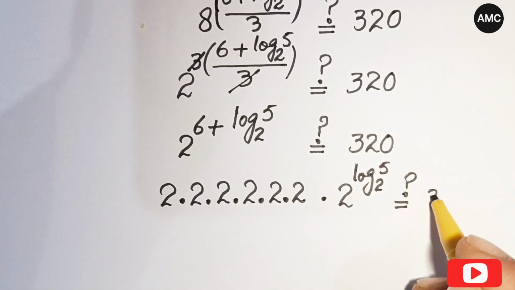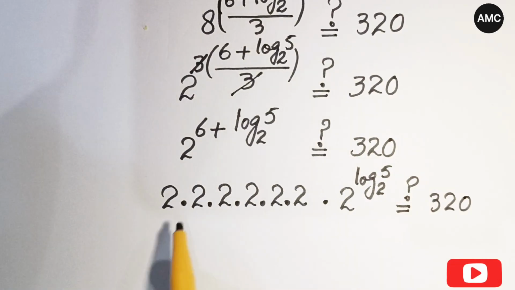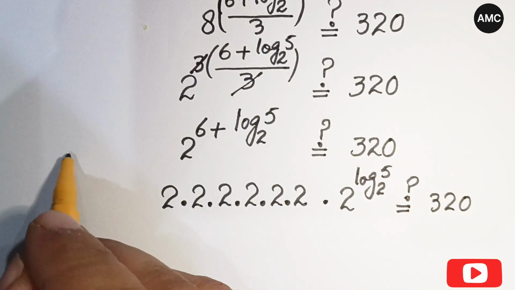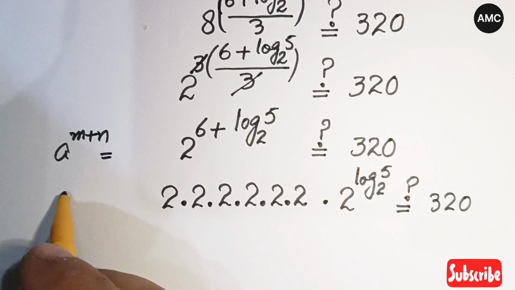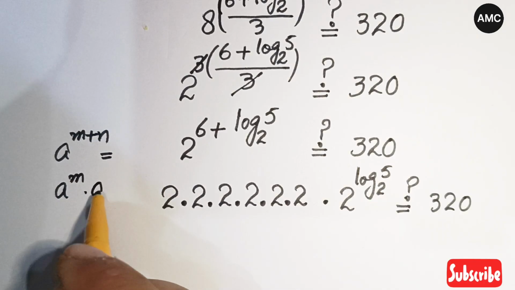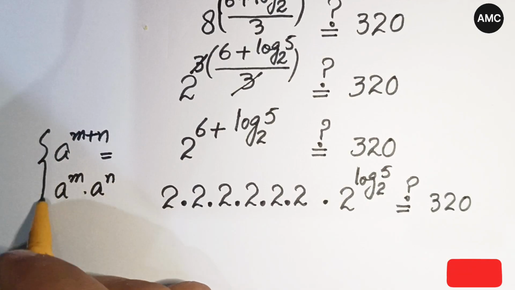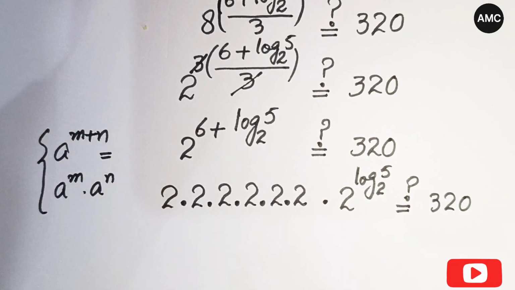Here we have used the exponential law, as we know that a to the power m plus n is equal to a to the power m times a to the power n. So this law we have used.